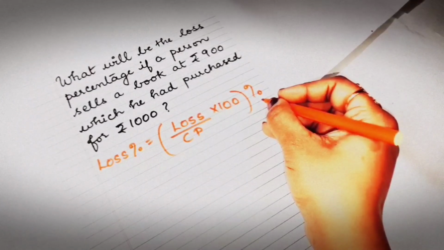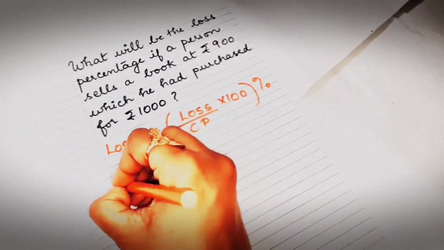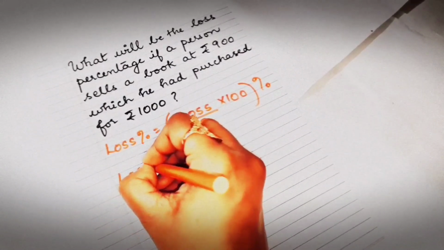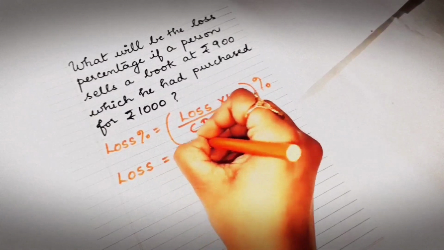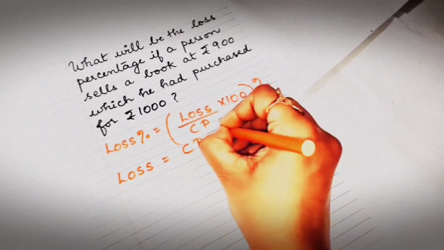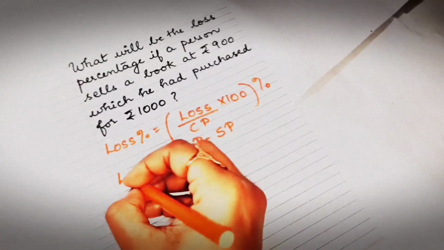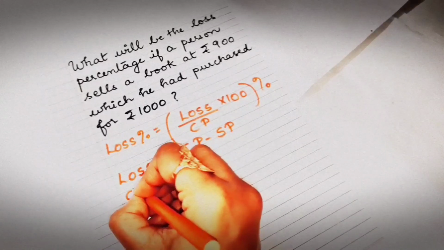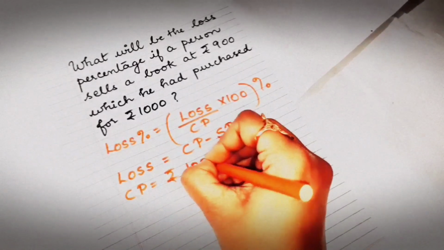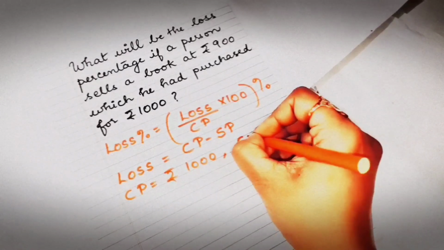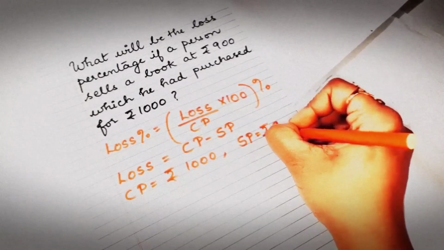So now let us start. The first thing that we will do is calculate the value of loss. The formula goes like this. Loss is equal to CP minus SP, where CP is the cost price and SP is the selling price. So here we have CP is equal to rupees 1000 and SP is equal to rupees 900.